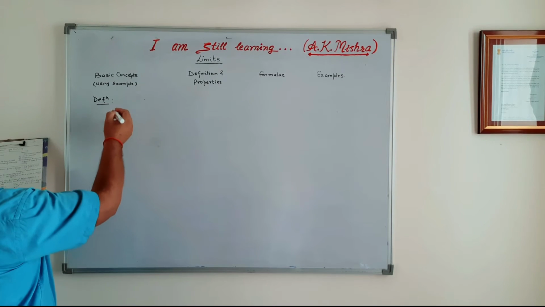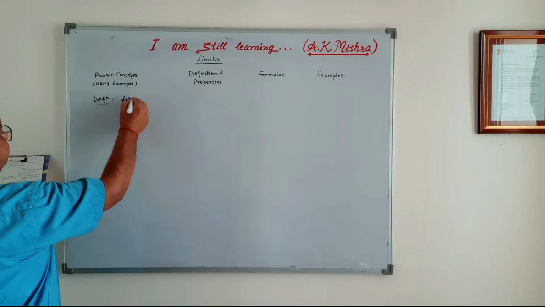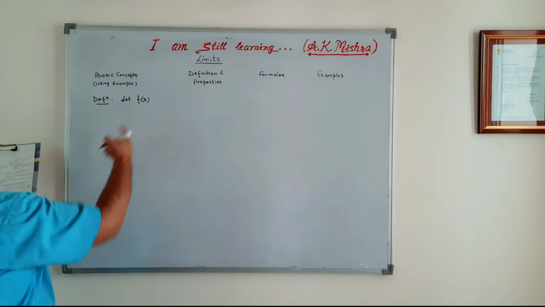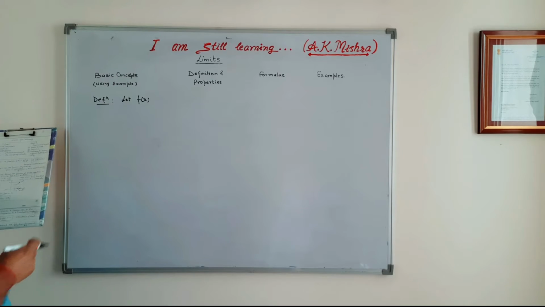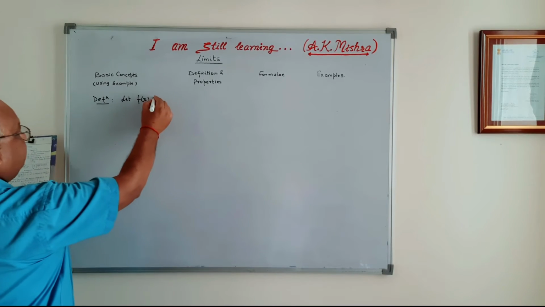I will explain more here. You cannot change the language. You cannot put anything from your side while talking about a definition. So that is why the definition has to be written properly.